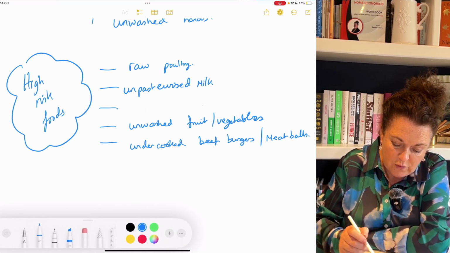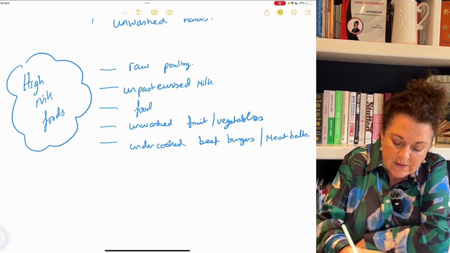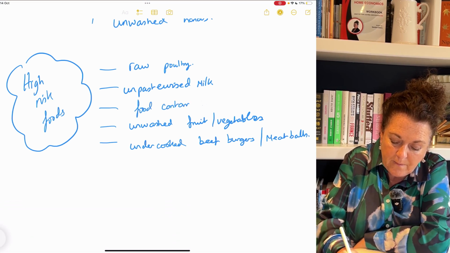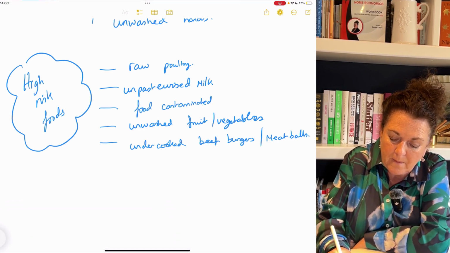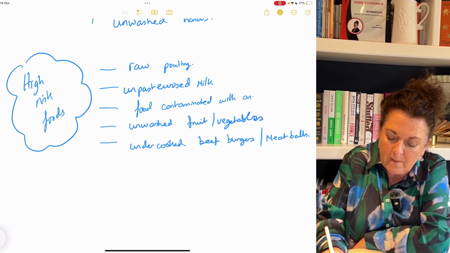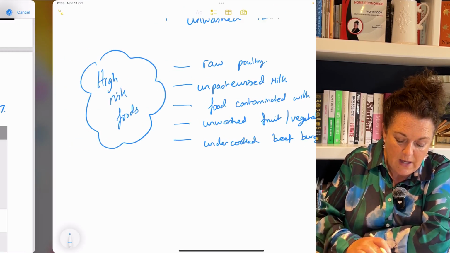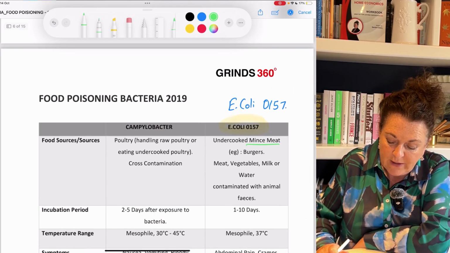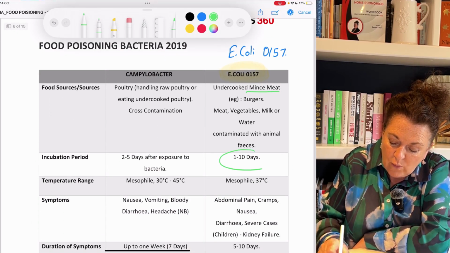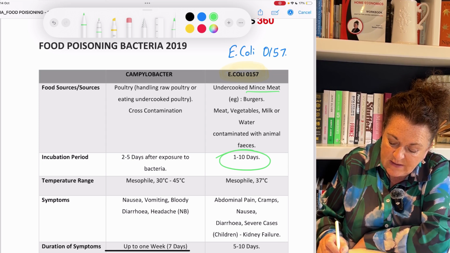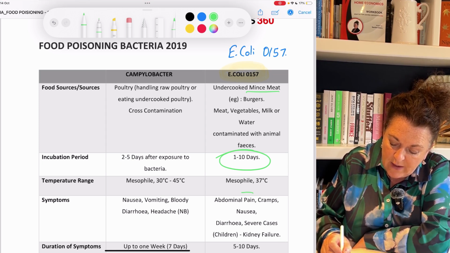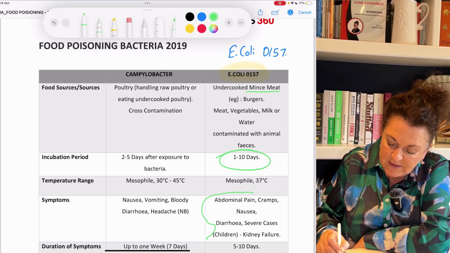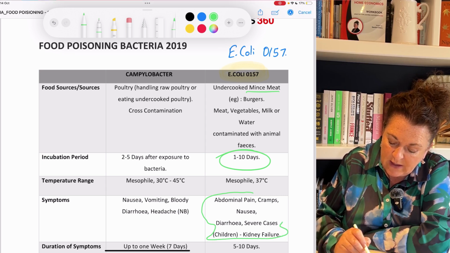So if the food was contaminated with feces, right, our incubation period there, anywhere from 1 to 10 days, and our 5 then, abdominal pain, nausea, cramps, and this is unusual, kidney failure.